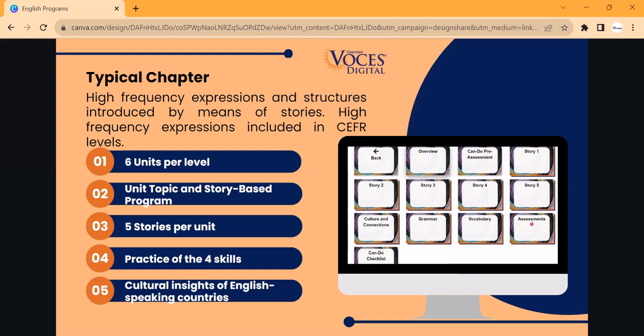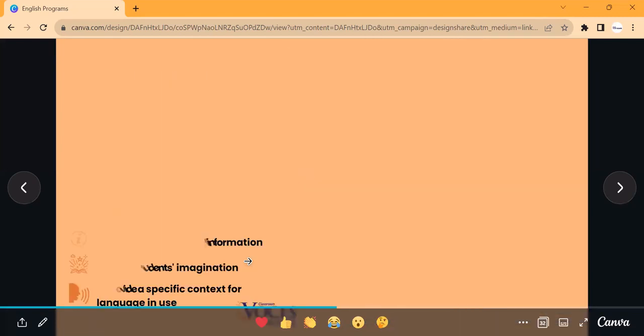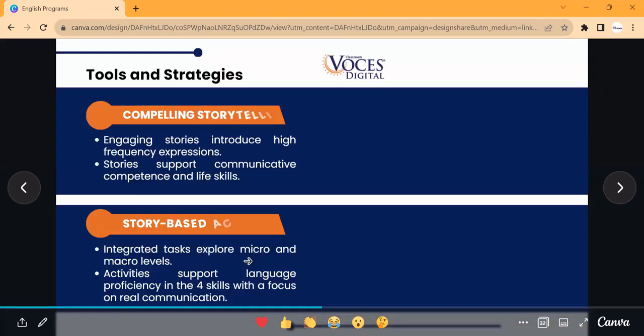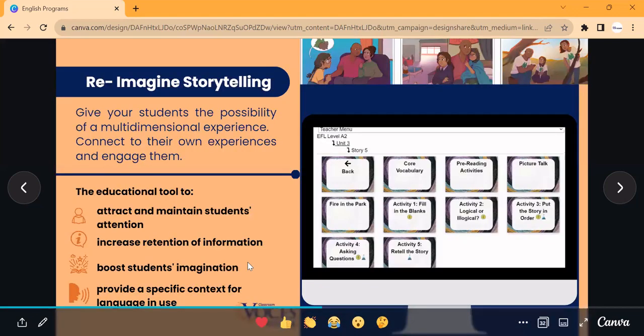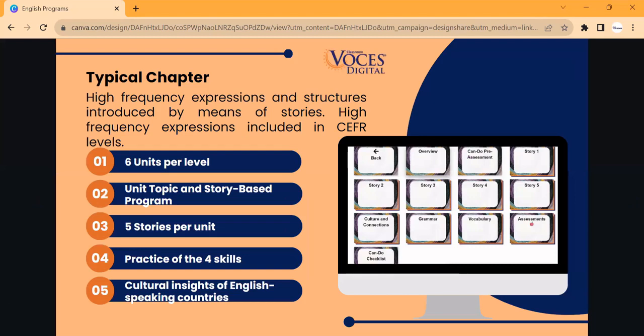A unit starts with a topic and a story-based program. We have 5 stories per unit. We practice the 4 skills, and we also use cultural insights of English-speaking countries. You can see here also a chapter.